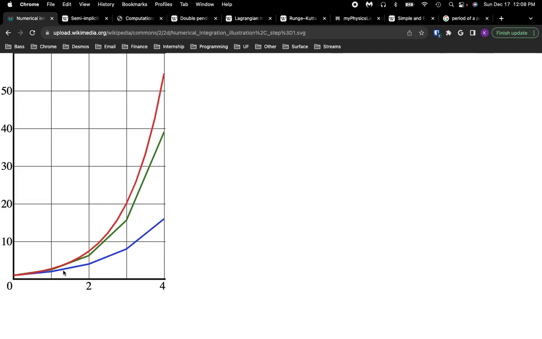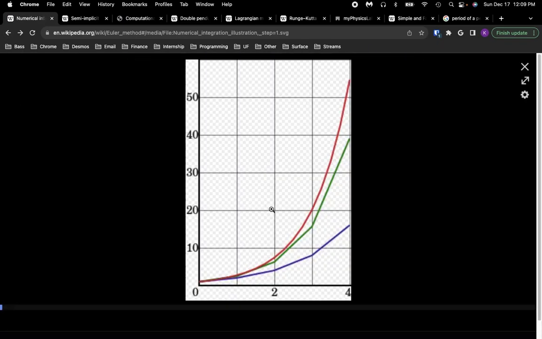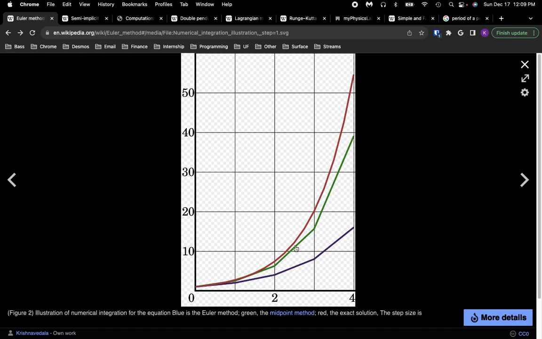This blue curve takes these discrete steps. It's piecewise, right? Taking a step along the tangent of the red curve, which we have a formula for. And you can see the error builds up pretty quickly. But if you had a smaller step size, it would build up less quickly. The green is some other method entirely, like a midpoint method. But with a smaller step size, you'd be more accurate.